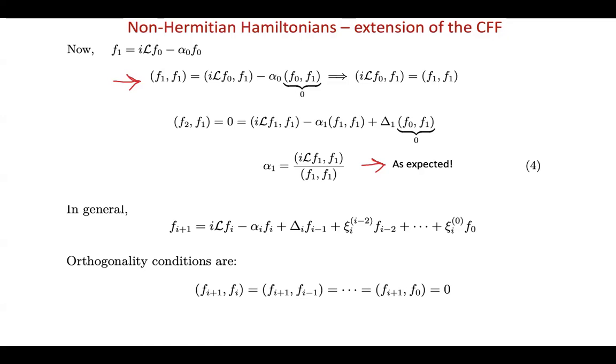So what would a product like f_{i+1} and f_i give us? It'll actually give us some complicated mixed bag of correlation functions. Just as an example, I'll make up one.